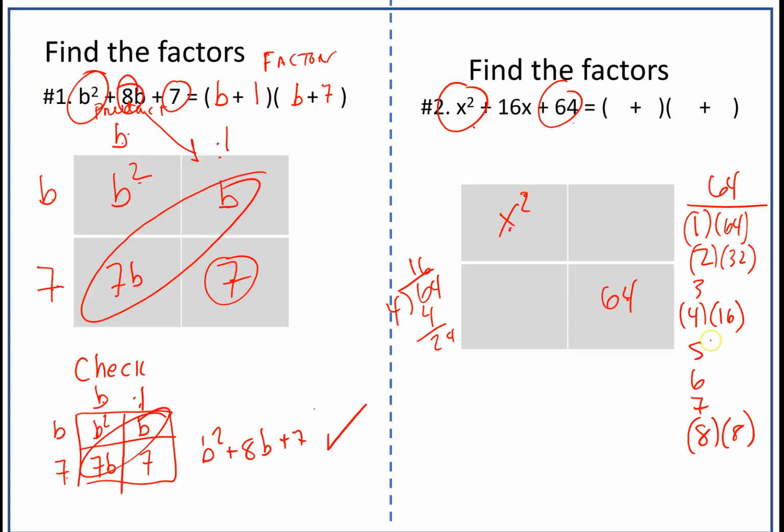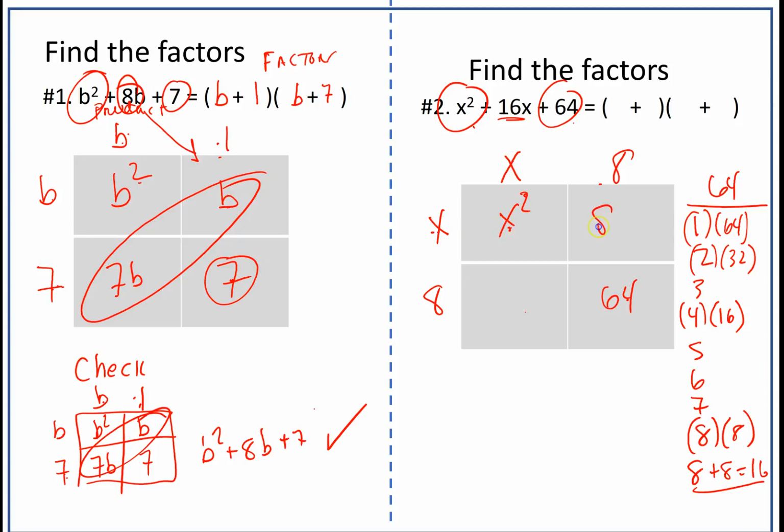So I ask myself the question, what can I add together to get 16? Well, I know that 8 plus 8 is equal to 16. So what does that mean? Well, to get x squared, I did x times x. To get 64, I do 8 times 8. And 8 plus 8 is 16. Let's do it. X times x, x squared.